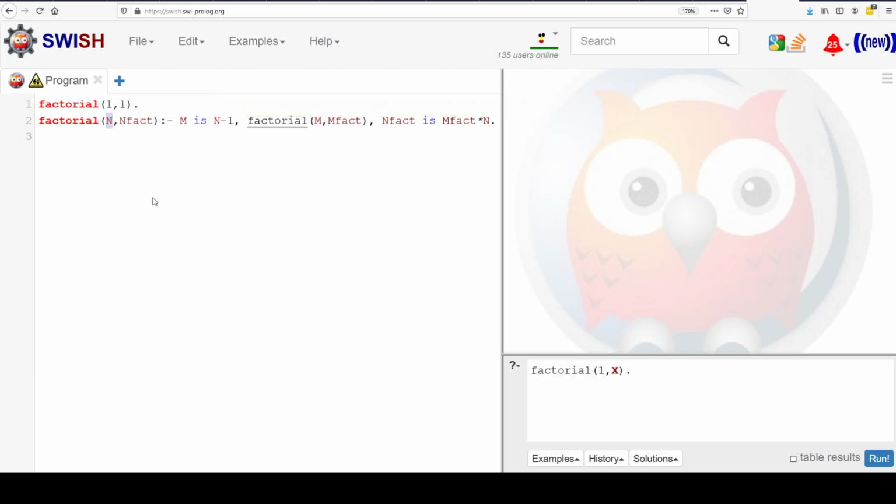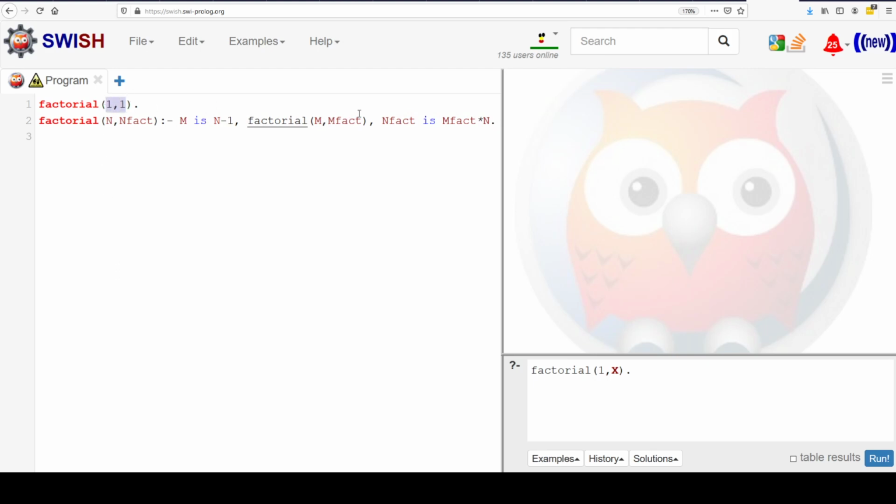So if n is 4, that means that m will be 3. And so we call factorial with 3. We loop back in, n would then be 3, which means m would be 2. We'd look for 2 and 2 factorial, and ultimately we get to 1 and 1 factorial.